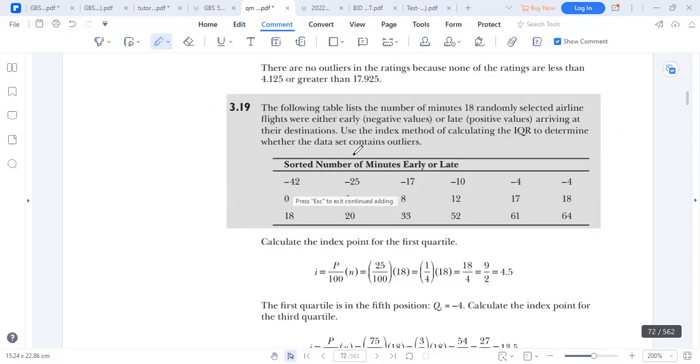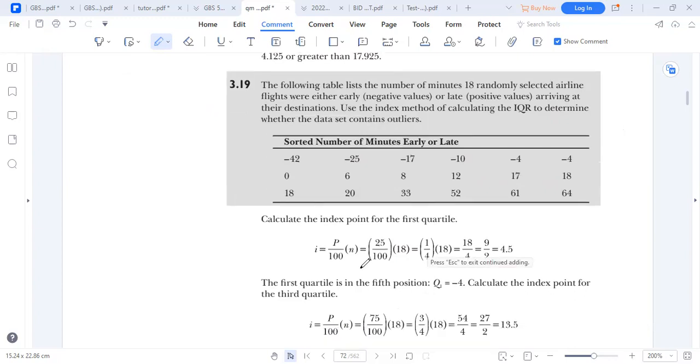Identify any outliers when you're given the number of minutes for 18 randomly selected flights. So you get to calculate our first quartile, which is a quarter of 18. We get 4.5. The nearest is what? The fifth number.